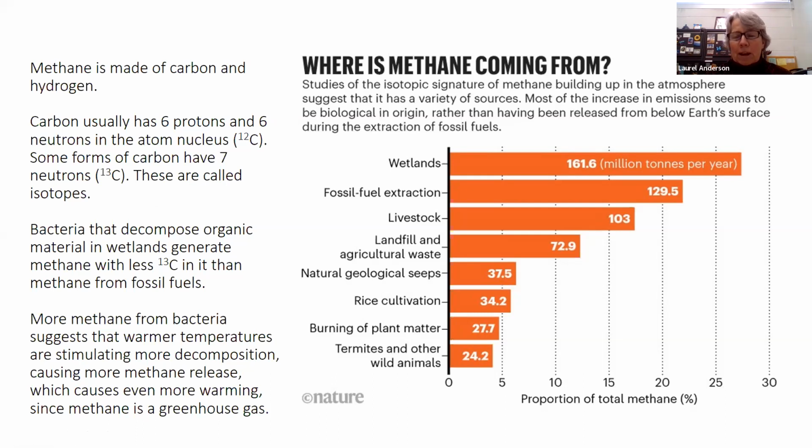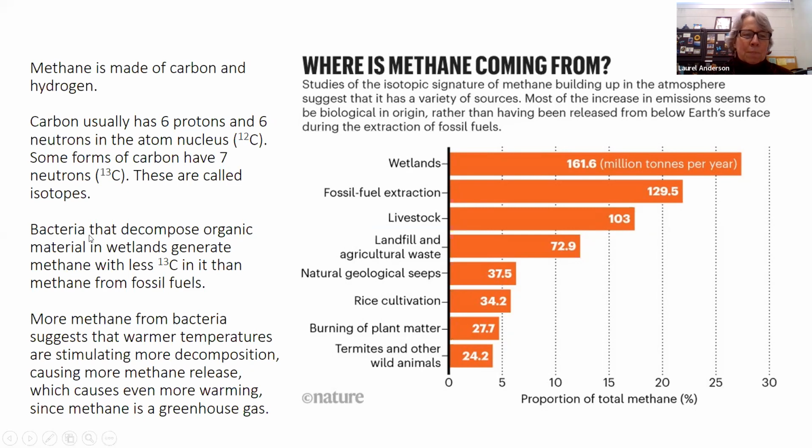And when bacteria decompose various types of organic matter, they don't like to use carbon 13 if they can. They will basically prefer not to use it, and they'll leave it in the environment. Instead, they will use more carbon 12.